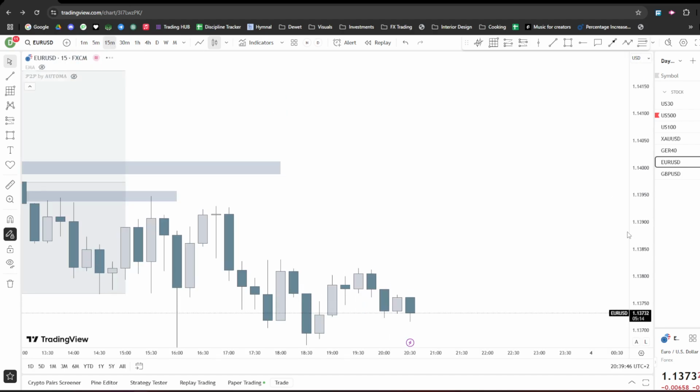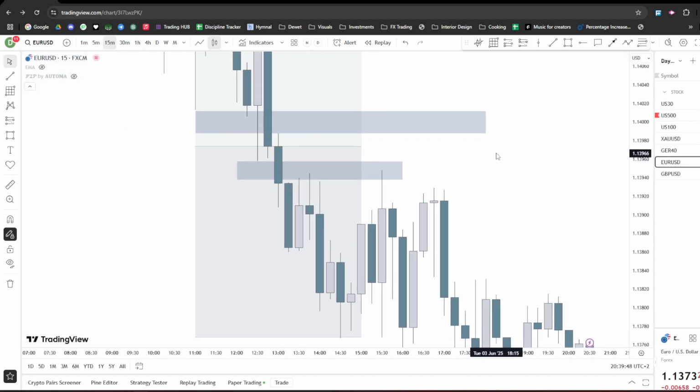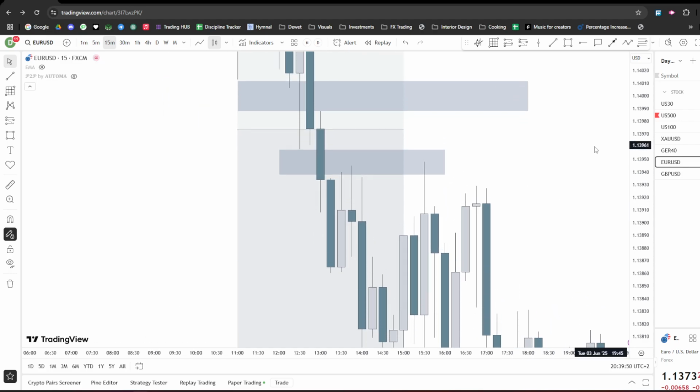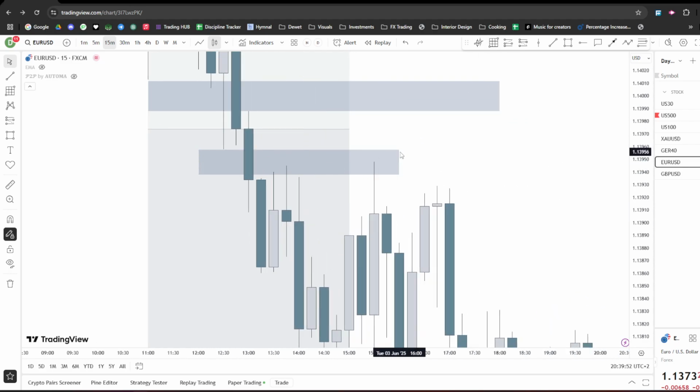If we go down to the 50-minute, we can see that, let's just move that away. So we had a 15-minute fair value gap that price traded into. So the way I trade is, if price trades into that fair value gap, I don't use that fair value gap anymore, but the new PD array becomes a swing high. The price trades into there.